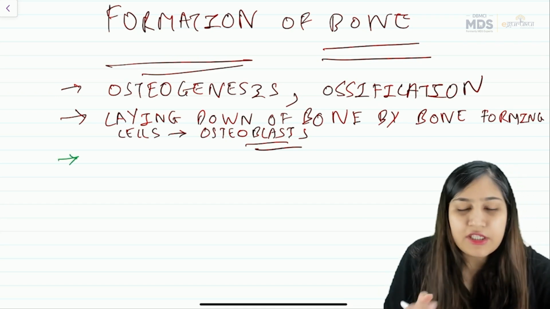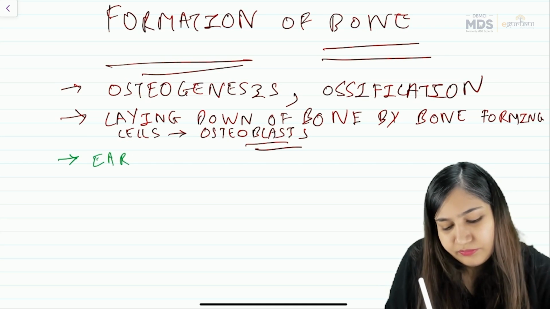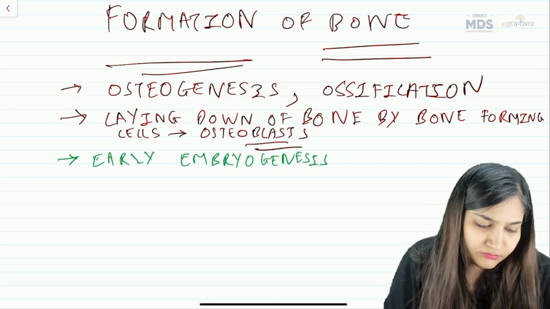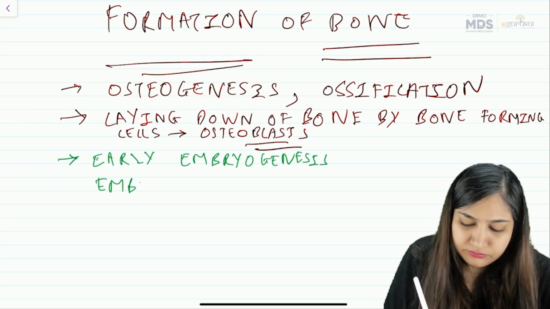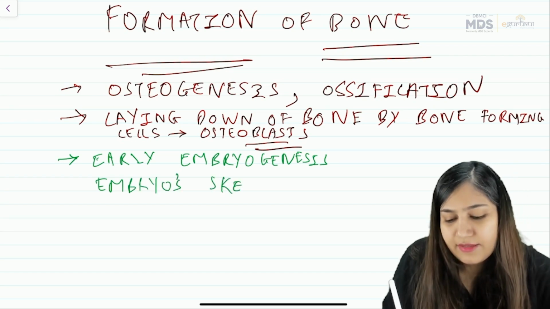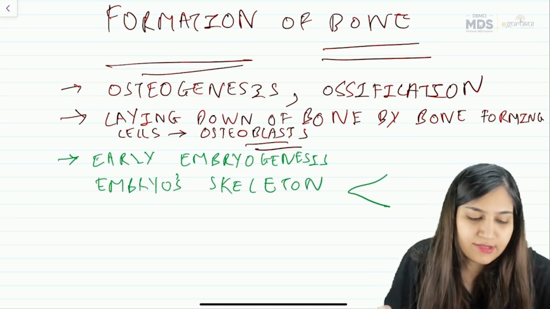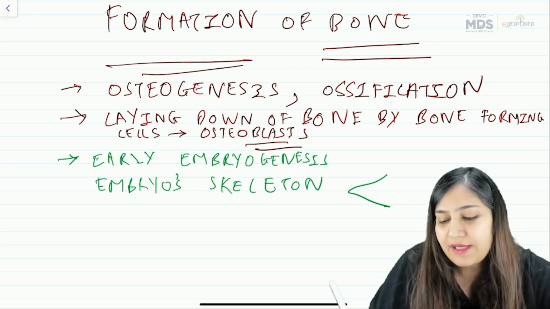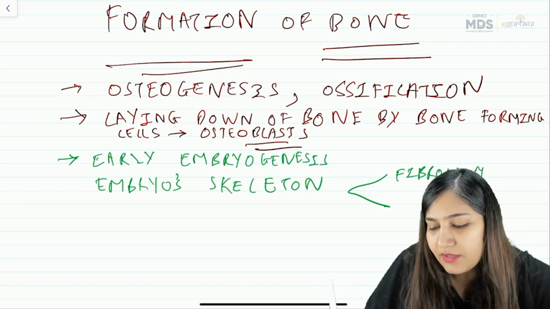So initially, during early embryogenesis, the embryo skeleton is made up of two things: fibrous membrane and hyaline cartilage.